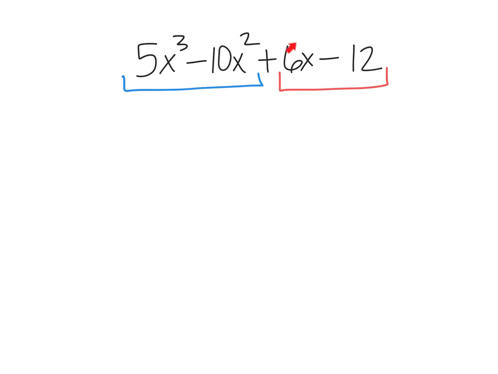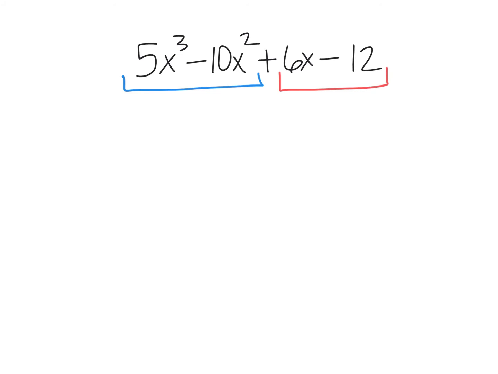Notice how the first 3 terms have an x, but the last one doesn't. So all 4 terms don't have one thing in common that works for everything. This is why we're forced to solve it by grouping. We're going to separate into 2 groups, solve them separately, and then bring the problem back together to solve it in the end. So let's focus on the blue group.